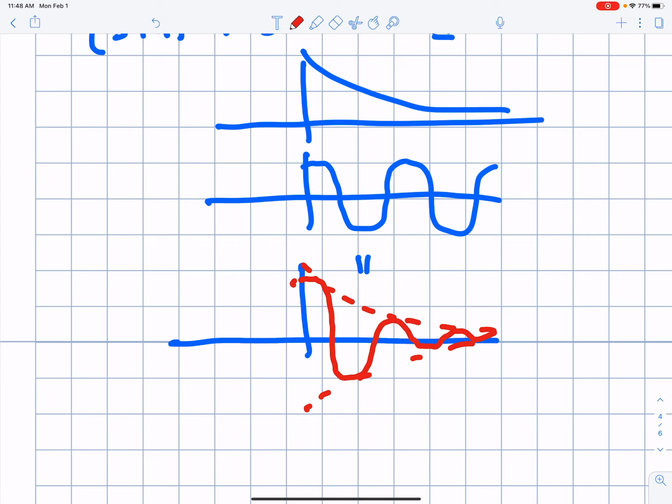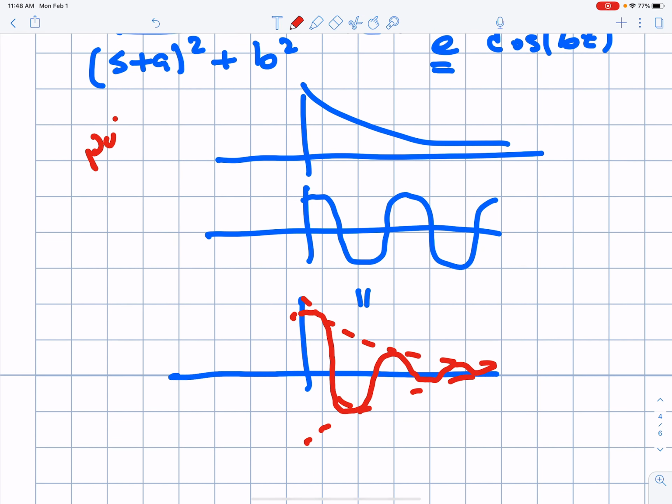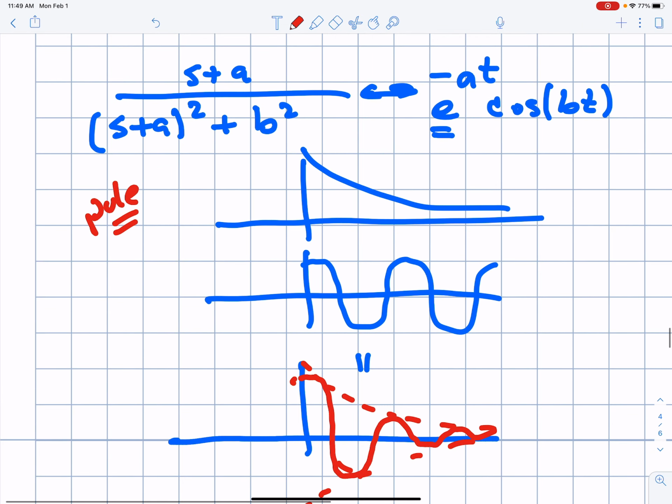So it's an oscillating signal that's also decaying. So what does the pole pattern look like for this particular signal?